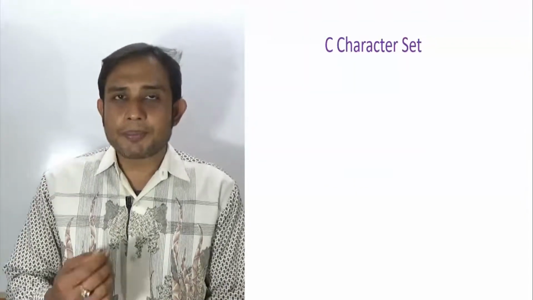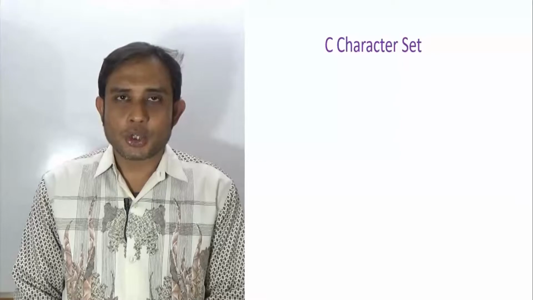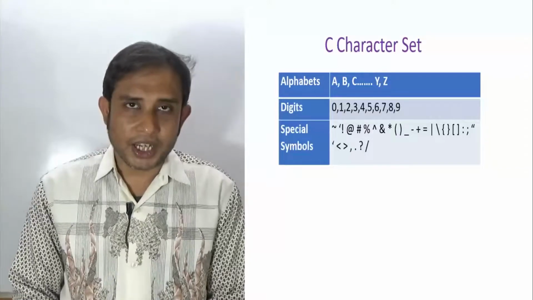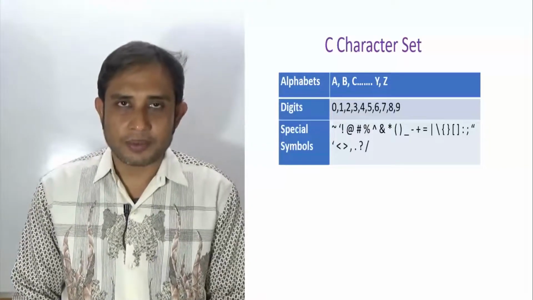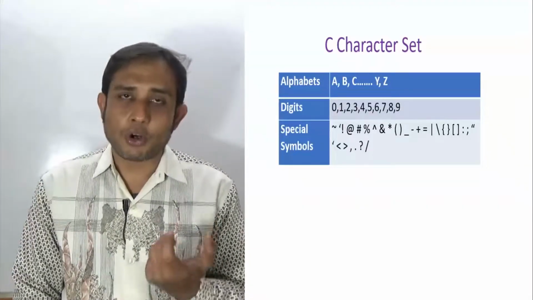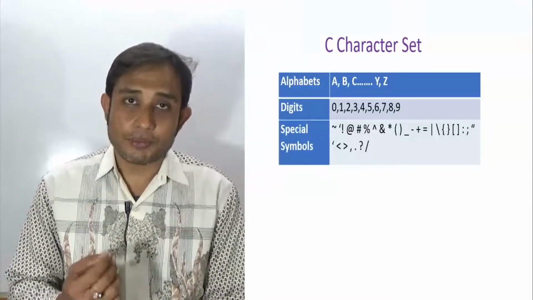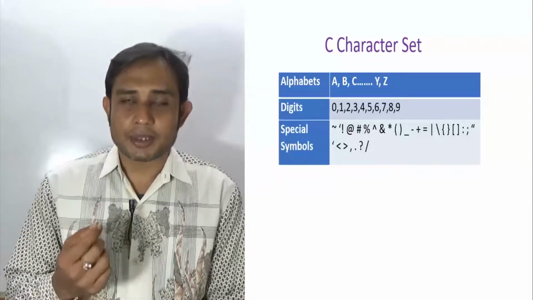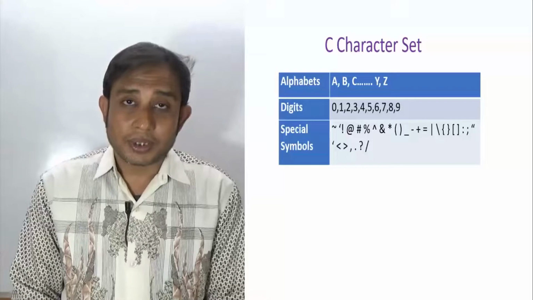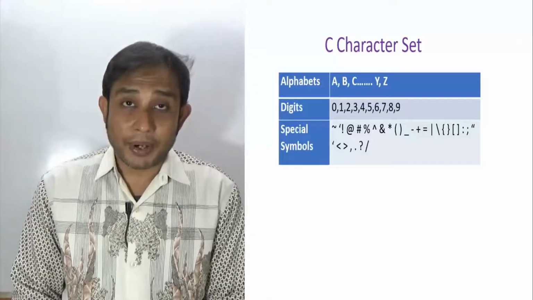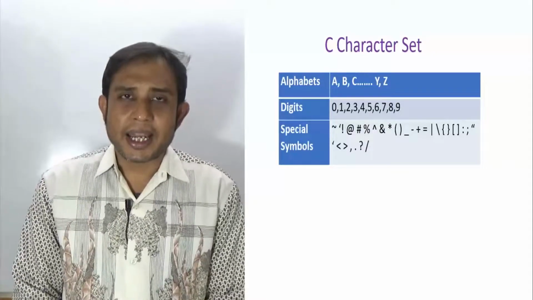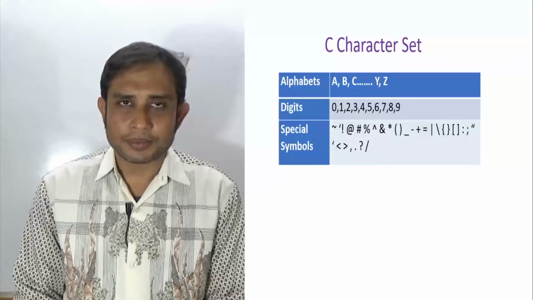Whenever we represent some information in the C programming language, we need some characters, and a character may be an alphabet, a digit, or a special symbol. The character set in C consists of alphabets from A to Z, digits from 0 to 9, and special symbols like asterisk, hash sign, opening braces, parentheses, plus, minus, division, etc. So these are the character sets available in the C programming language.